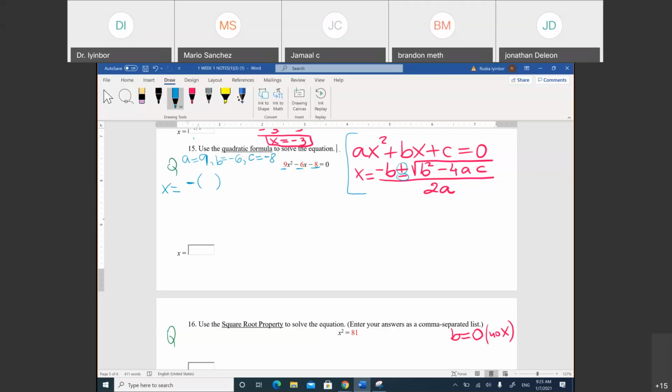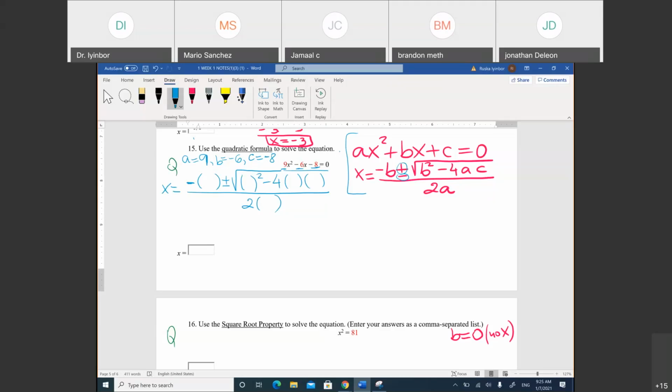So negative B plus or minus the square root of B squared minus 4AC, over 2 times A. Okay? So looking at the quadratic formula, you just plug the numbers there.